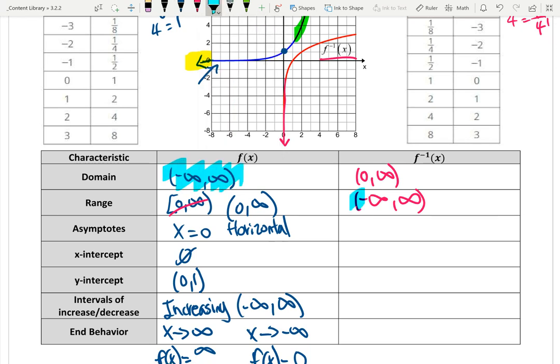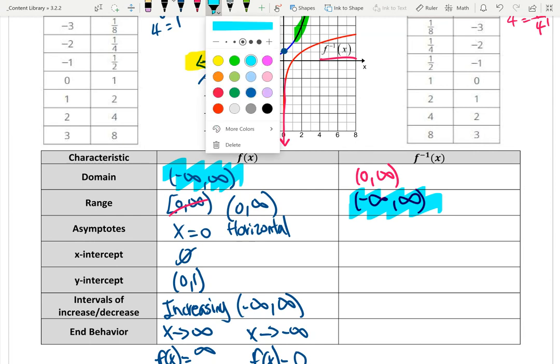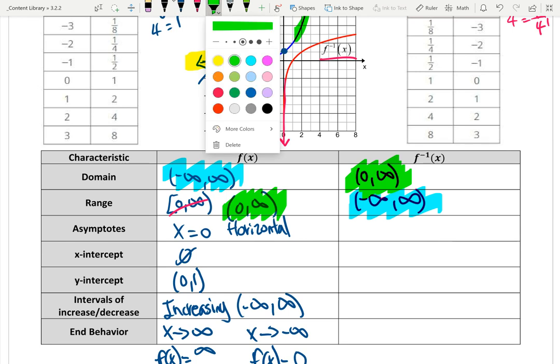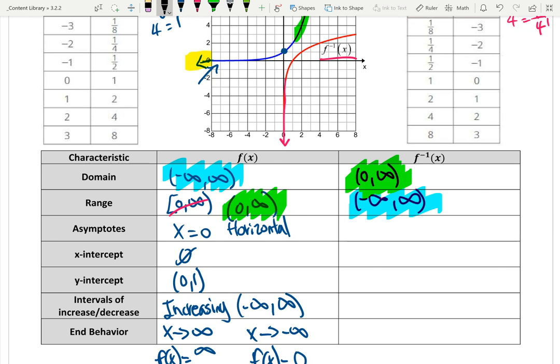literally, they are inverses. So I switch x and y. The domain of x becomes the range of the inverse. Pretty cool, but I could observe it with my own eyes on the graph, and I can make these connections as I go. I switch x for y.